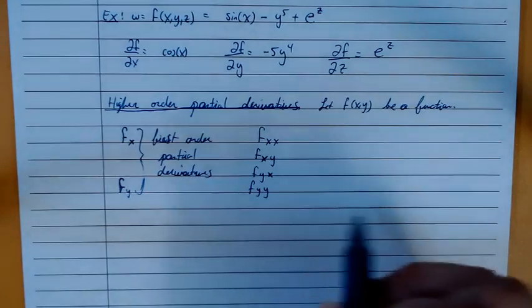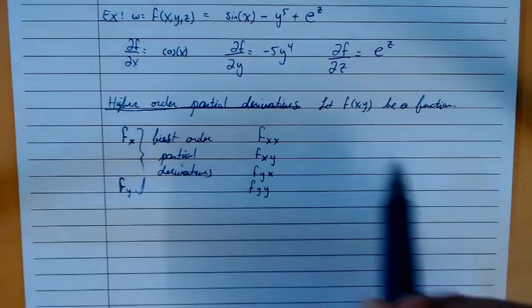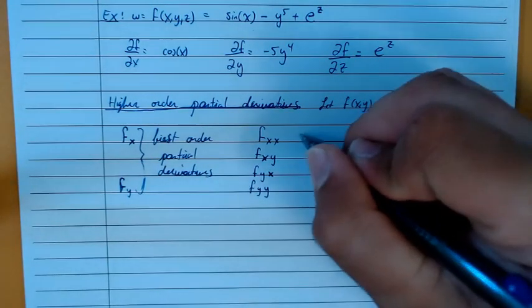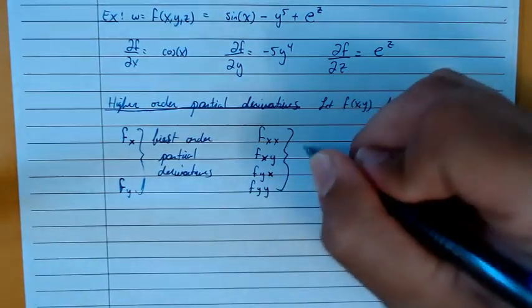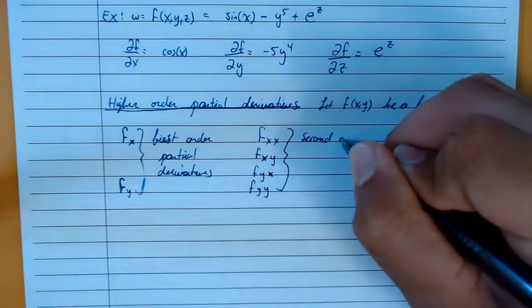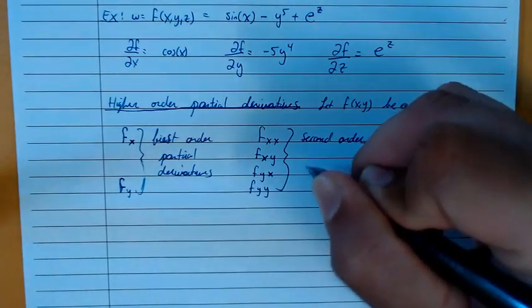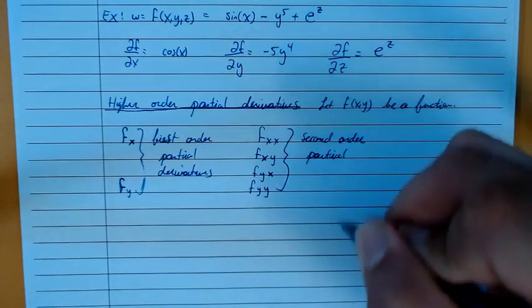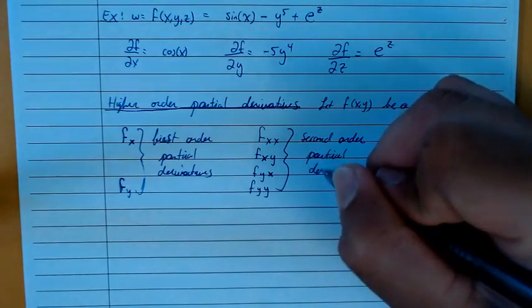So that would be 8. So 2, 4, 8. You wanted a fourth order partial derivative? Well, there'd be 16 of those. Thankfully, we have no use for those in this course, but hypothetically you could. Okay. So these are our second order partial derivatives.